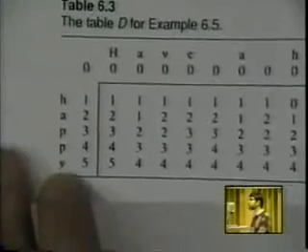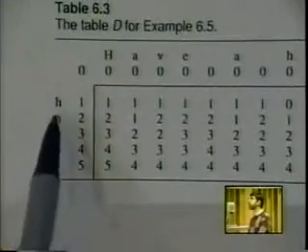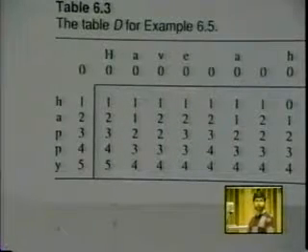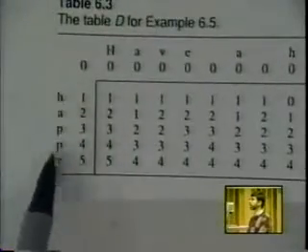Suppose I'm trying to find where the word happy occurs in a particular string. What I want to do here is keep track of the cost of editing my pattern string into my text string. For simplicity, let's just think about starting from here.